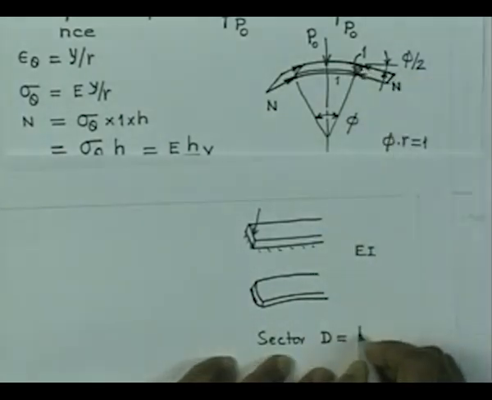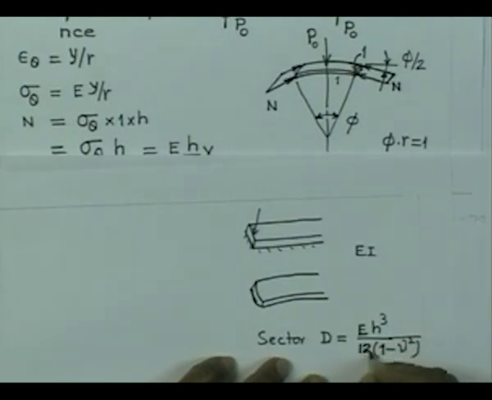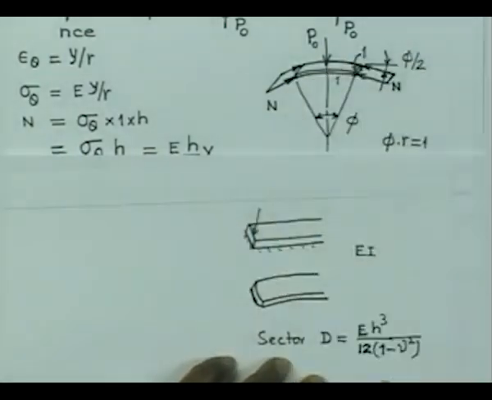So, therefore, it is nothing but E h cube by 12 into 1 minus nu square. So, this is the extra rigidity that comes up because of the continuity of the shell in the circumferential direction.